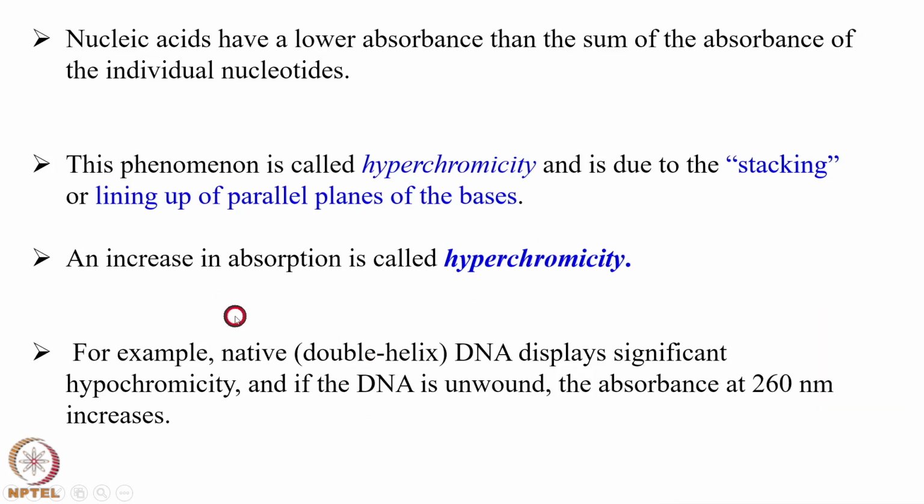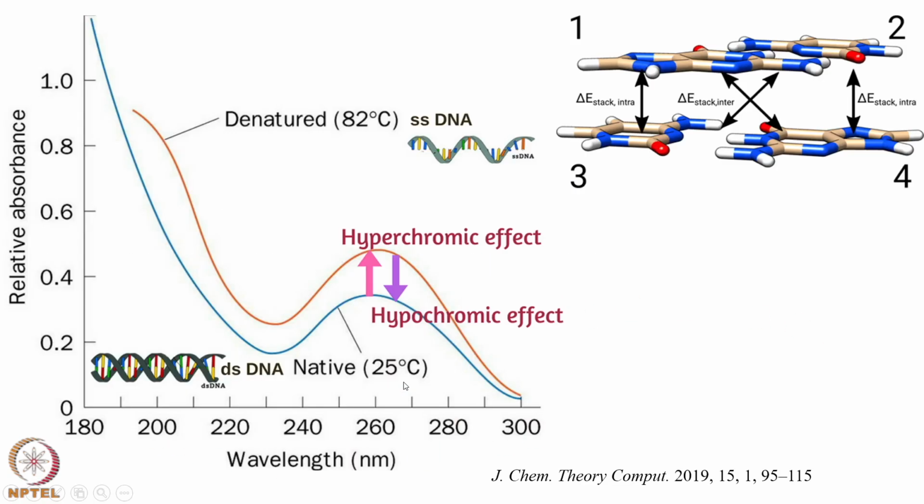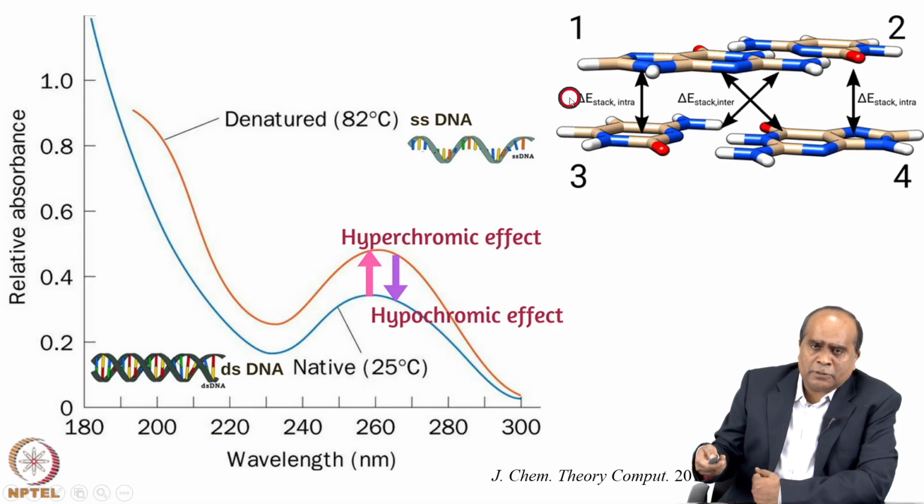For example, native DNA displays significant hypochromicity, that means less absorption compared to DNA which is unwound, where absorption at 260 increases. So, this very nice phenomenon can be used for understanding whether the DNA is melting or not melting. Because of this base stacking, absorption decreases, right.